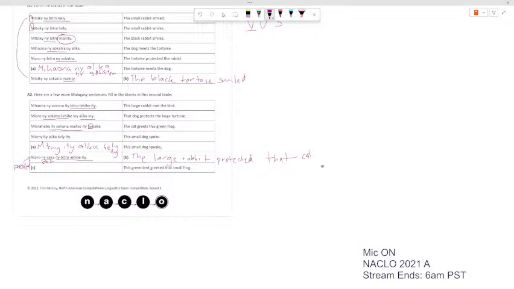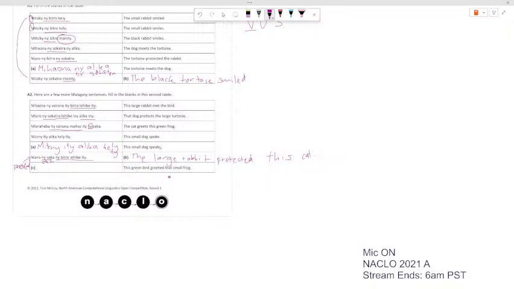Yeah, so I think it should be fine. Because I don't see any... Oh yeah, there it is. That dog protects the large tortoise. It's ini, right? So I think it would be actually this cat. Oops, whoa. That's crazy. I didn't know you could do that on OneNote. Okay, the large rabbit protected this cat.